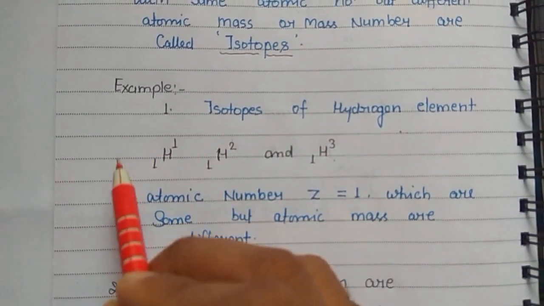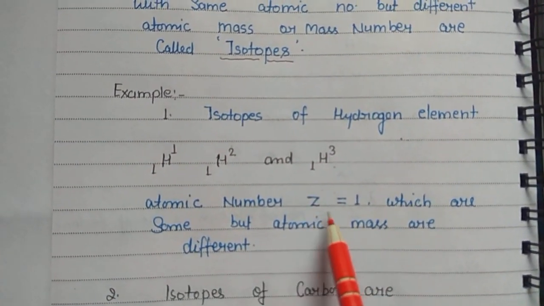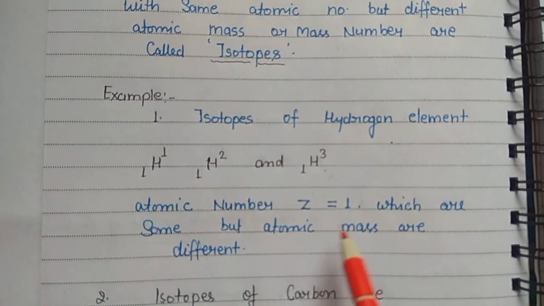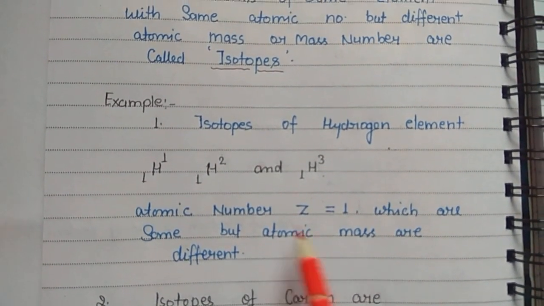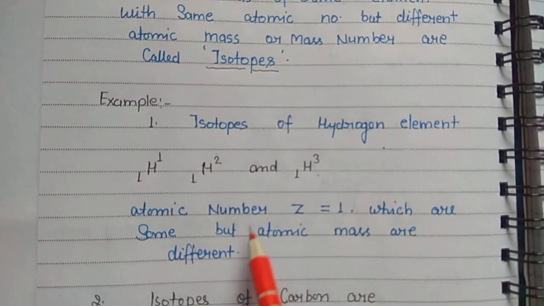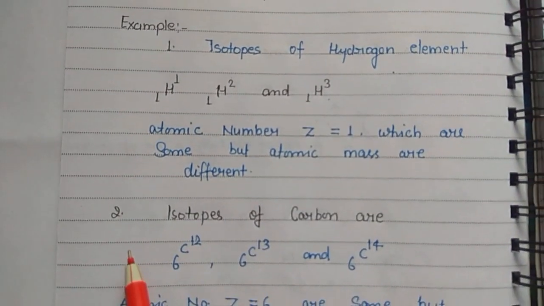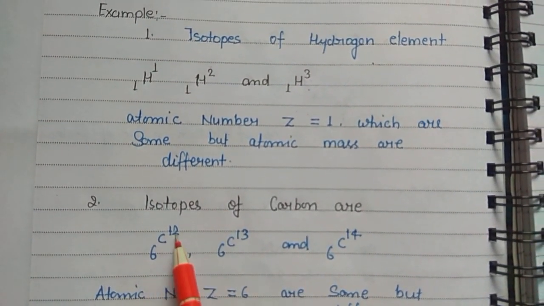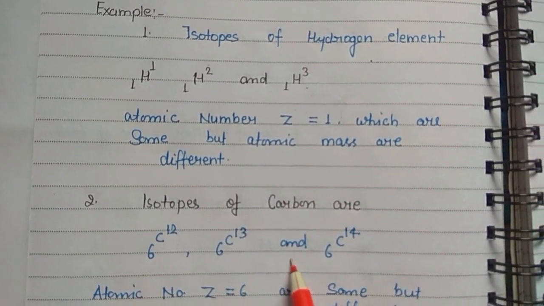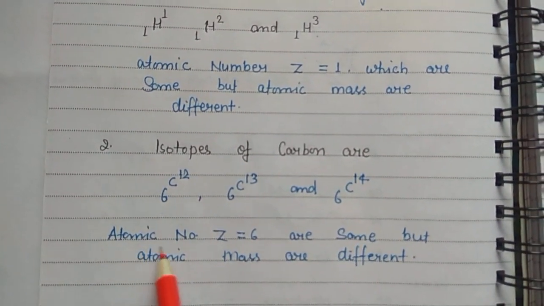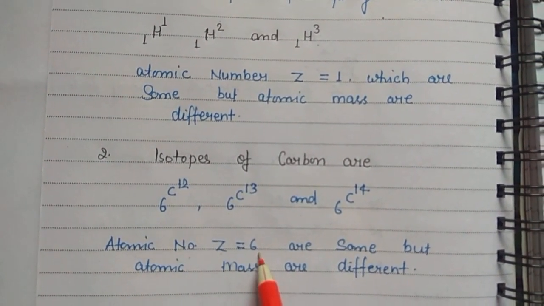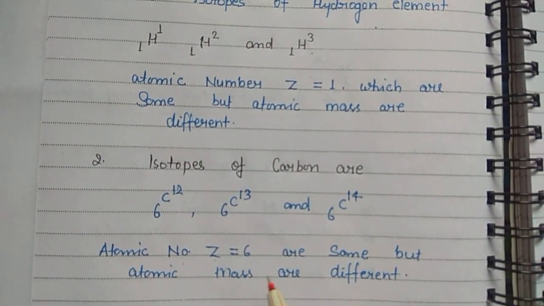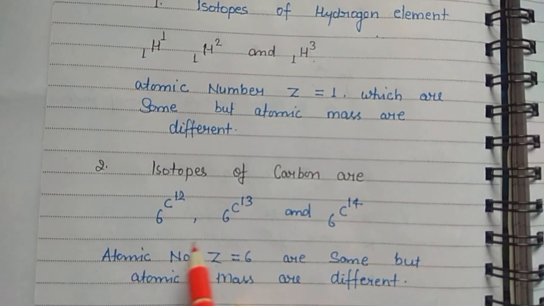In these isotopes, atomic number Z is equal to 1 for all, but the atomic masses 1, 2, 3 are different. Second example, isotopes of carbon are 6C12, 6C13 and 6C14. Atomic number Z is equal to 6 in all isotopes, but the atomic masses are different.